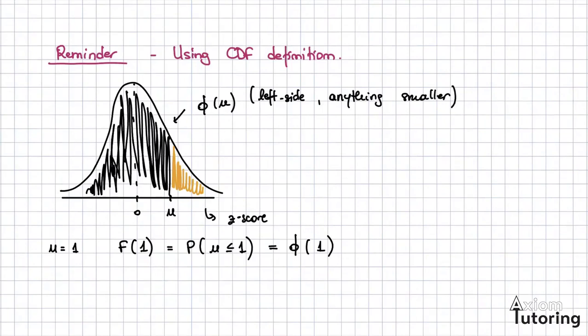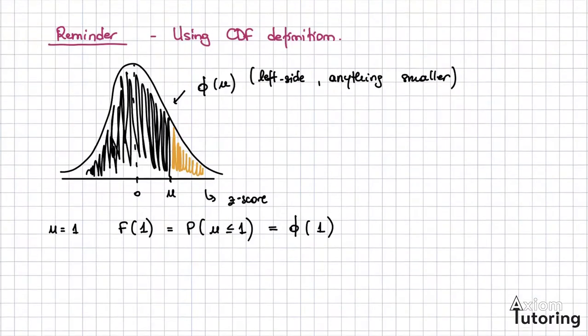Now, when we want to find something that is bigger, we're going to have to use the properties of probability, which means that if I want the probability of Z being greater than, let's say this was the value of 1.2 in this case, the exercise that we're doing.